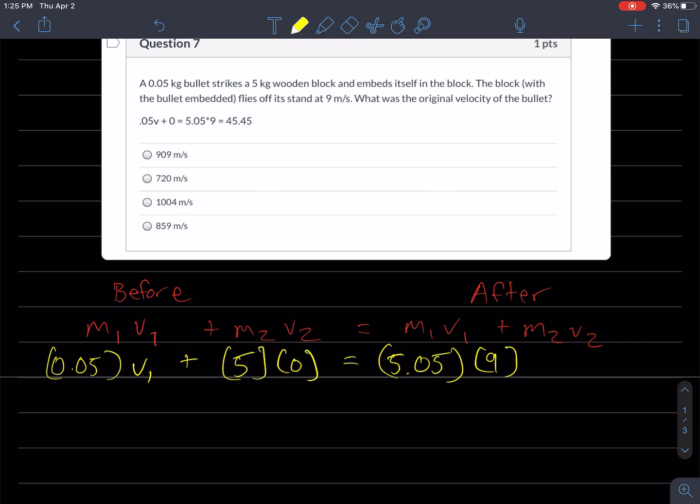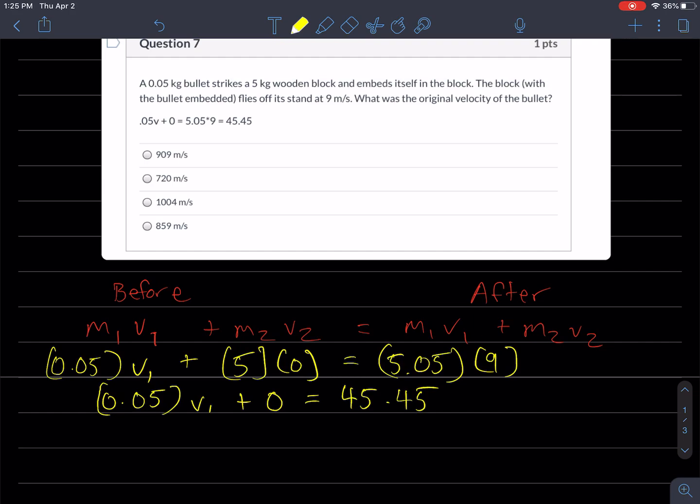So again, let's simplify this. We get 0.05 times velocity plus 5 times 0, which is 0, equals 5.05 times 9, which gives us 45.45.